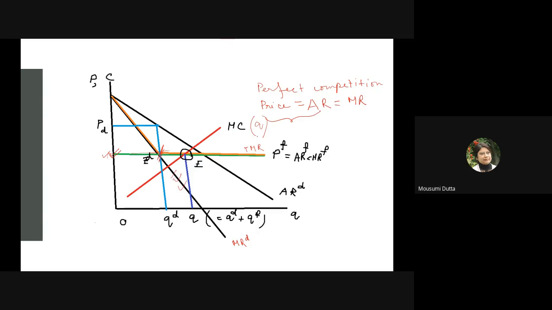So there is a single cost function, and there will be a unique marginal cost corresponding to the total output Q. Now, this marginal cost is cutting the TMR curve at this point, E. So we are marking the aggregate output to be produced, given by Q. So this Q is equal to QD plus QF. This is the aggregate output.